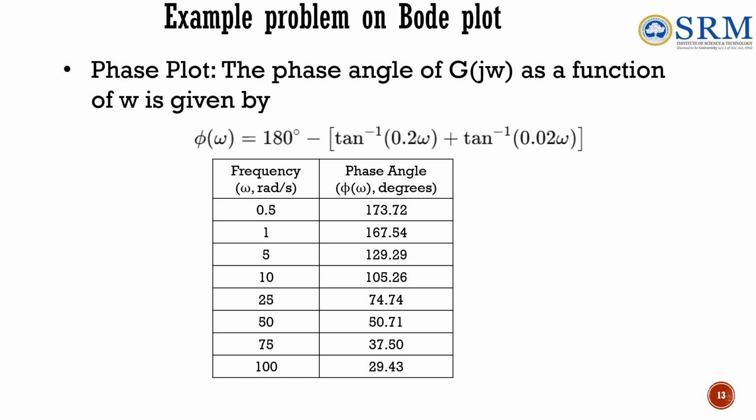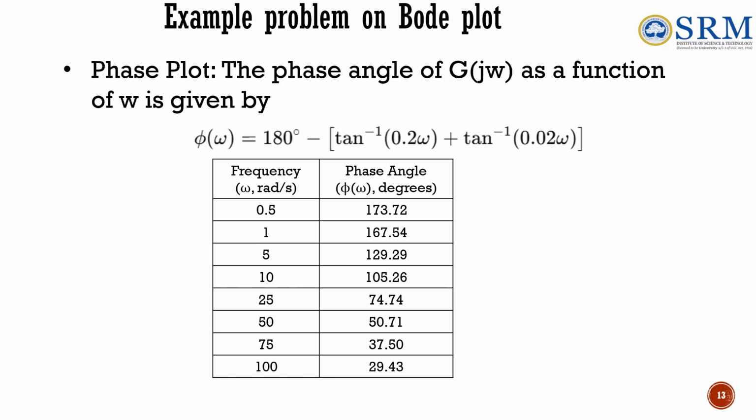Then for the denominator terms, we can determine the angle by tan inverse 0.2ω and tan inverse 0.02ω. So the overall angle for the given transfer function can be written as 180 degrees minus tan inverse 0.2ω minus tan inverse 0.02ω.